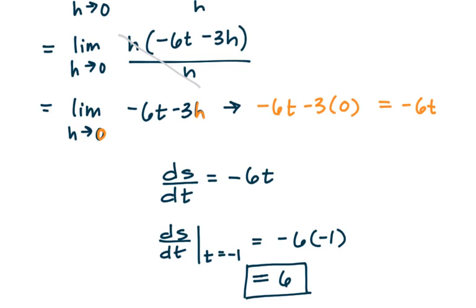Just thinking about what we did, we took a quadratic polynomial, and we used the definition of the derivative in order to find the derivative and then evaluate that derivative at a specific given input. And that's it for this video.